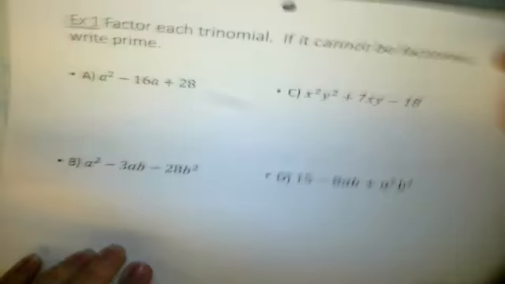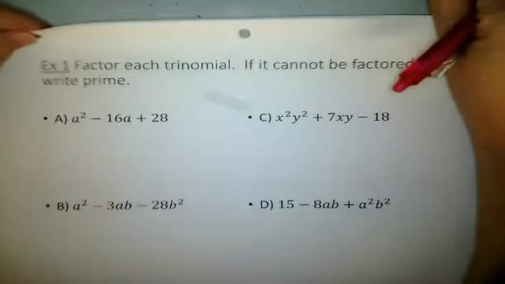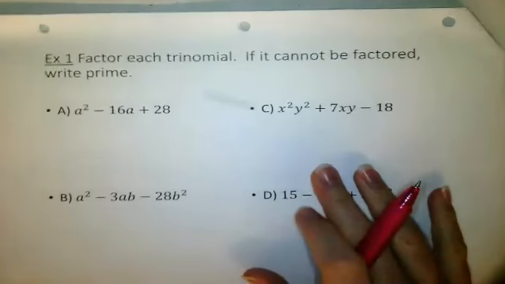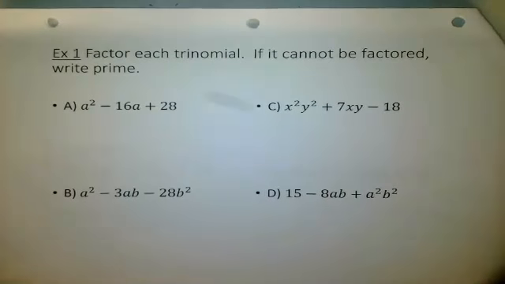All right, here we go. Example 1. This is sort of a little warm-up, more of what we did yesterday. Factor each trinomial; if it cannot be factored, write prime.